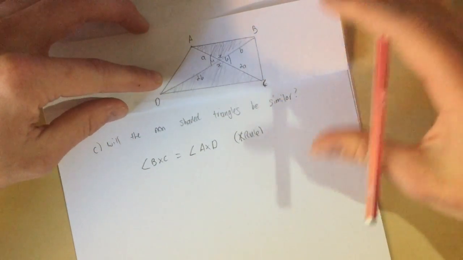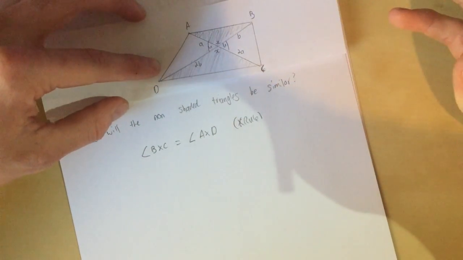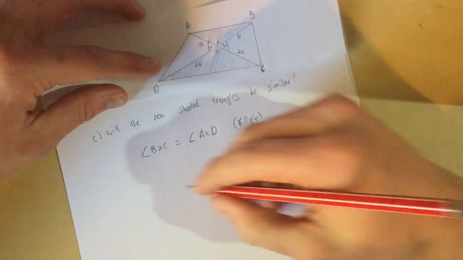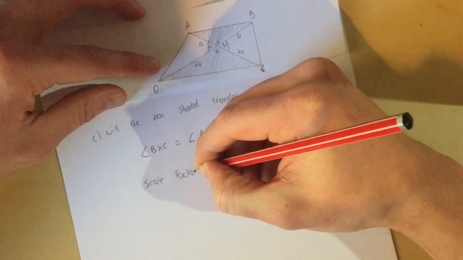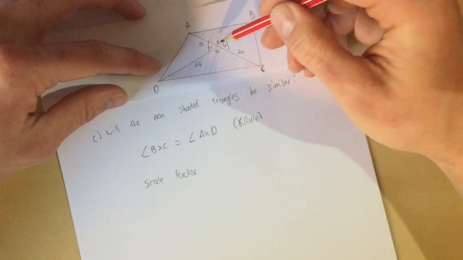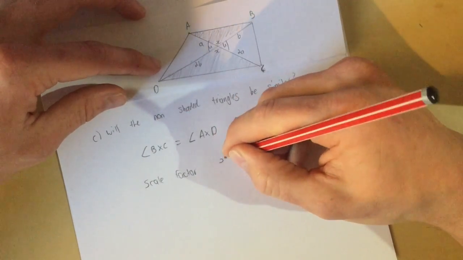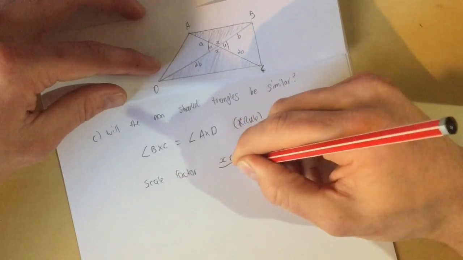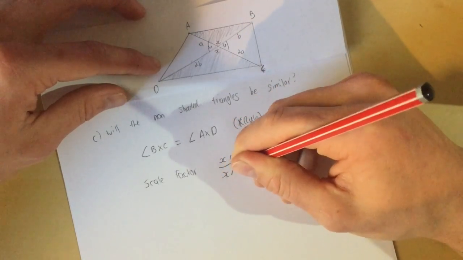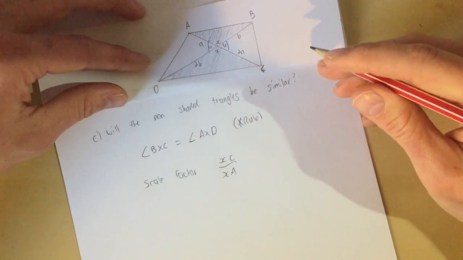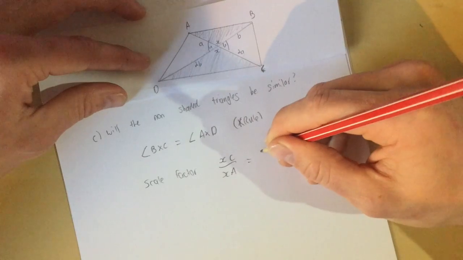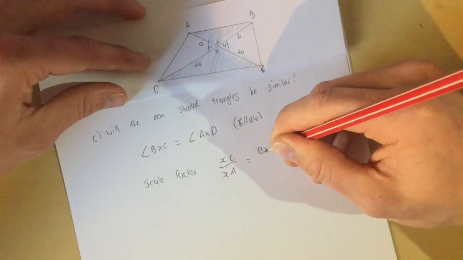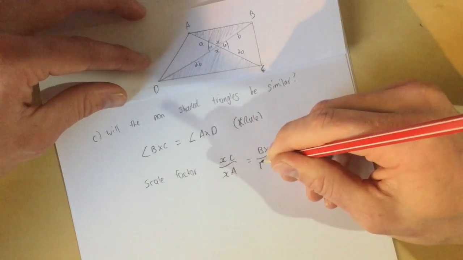So from here we need to do the same thing as in the first question and find a scale factor for these two sides. So scale factor of the side XC and XA alternatively as well. So XA is going to equal side BX over DX.